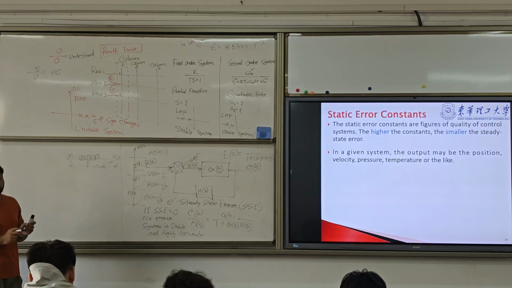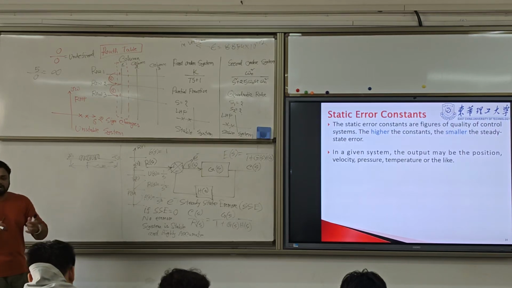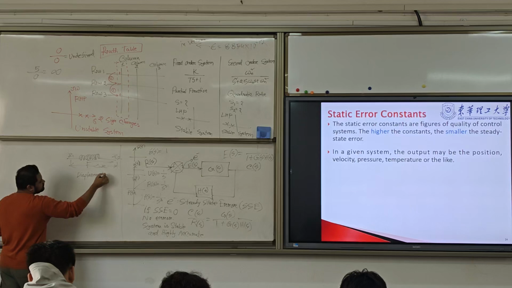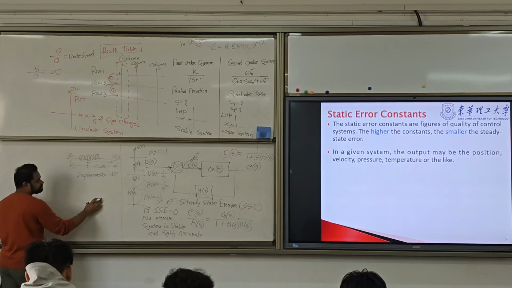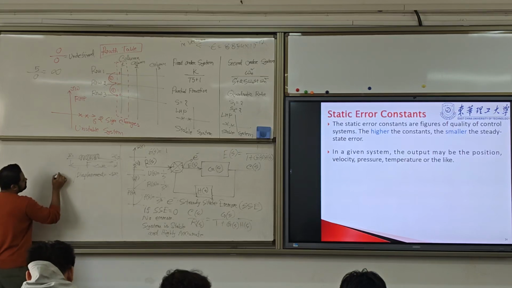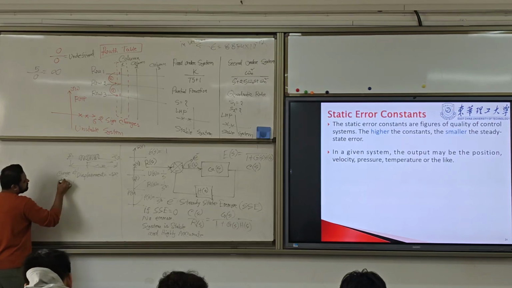So in a given system, the output can be what? Changing position, displacement, which is the change of position, del x.